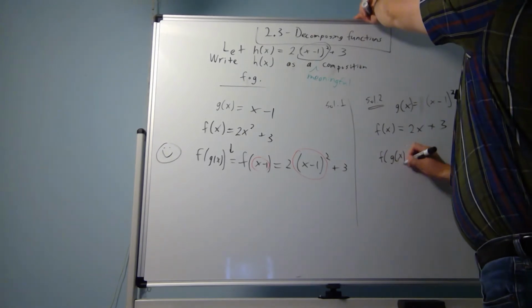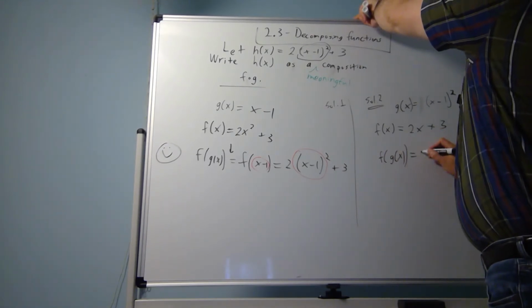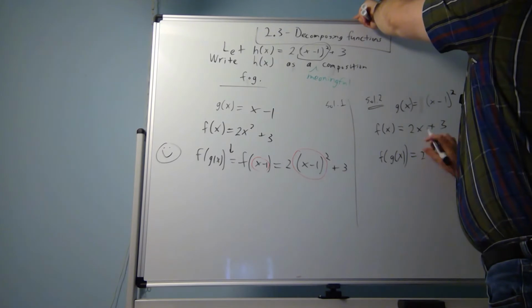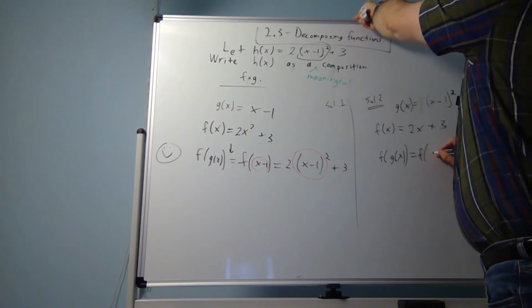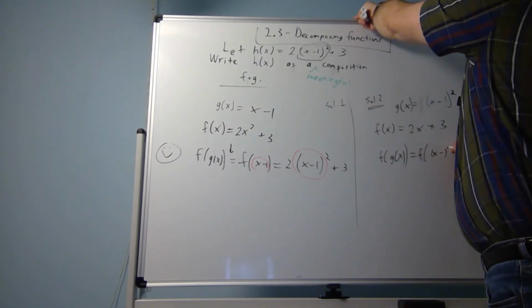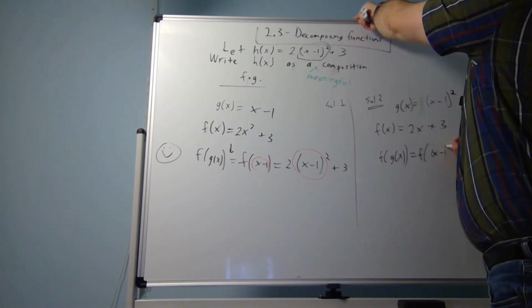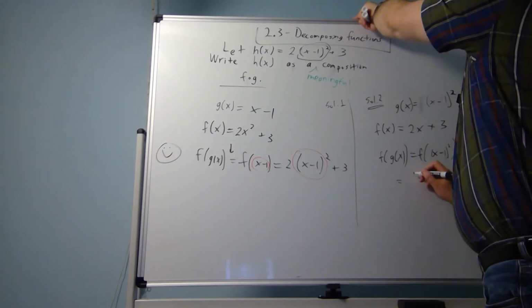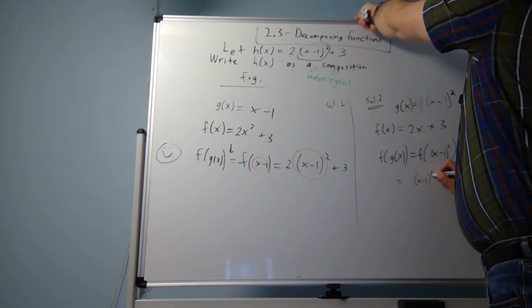If I did it this way, let's sort of check. So it's f of x minus 1 squared. So we get x minus 1 squared.